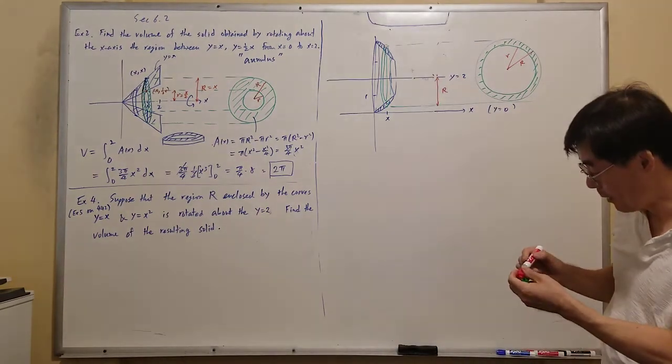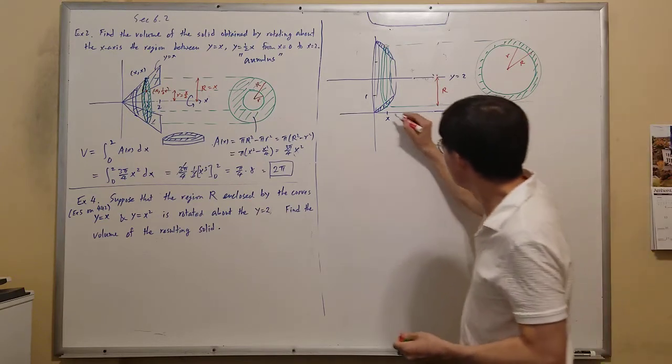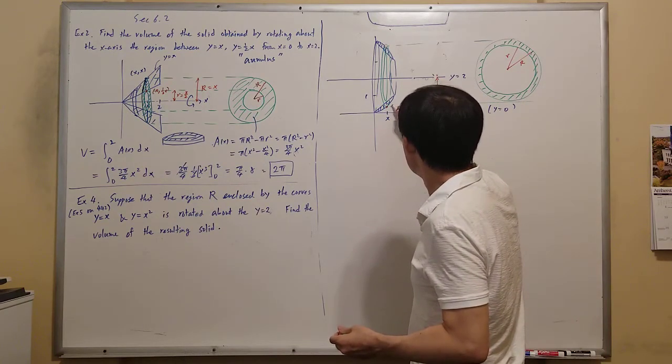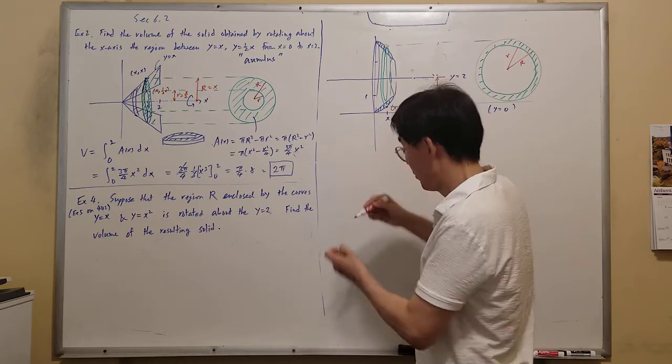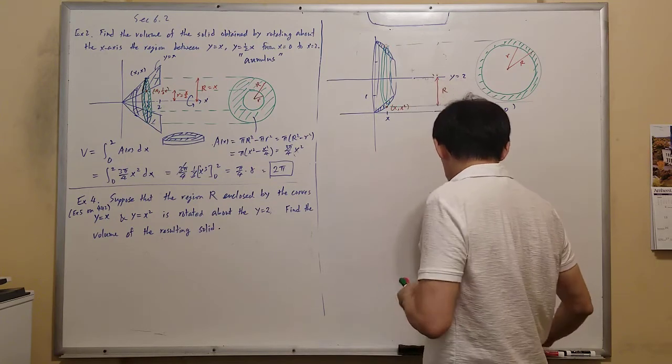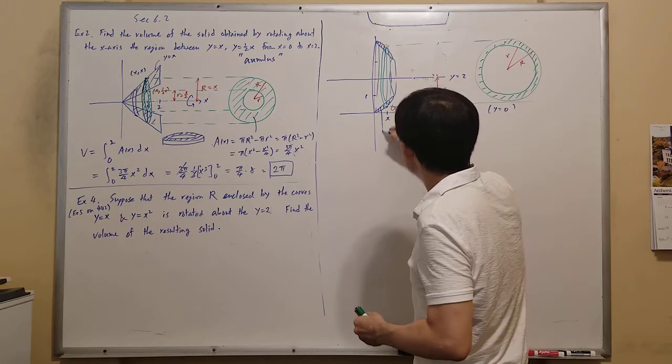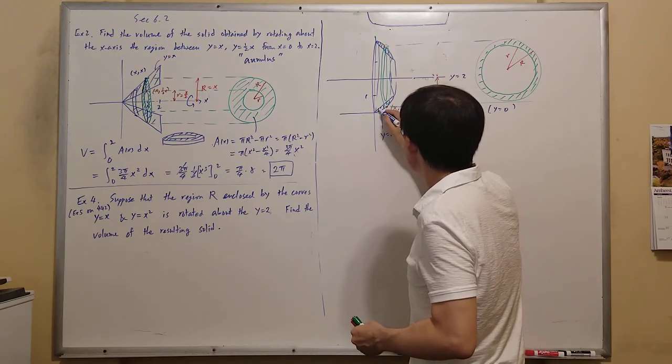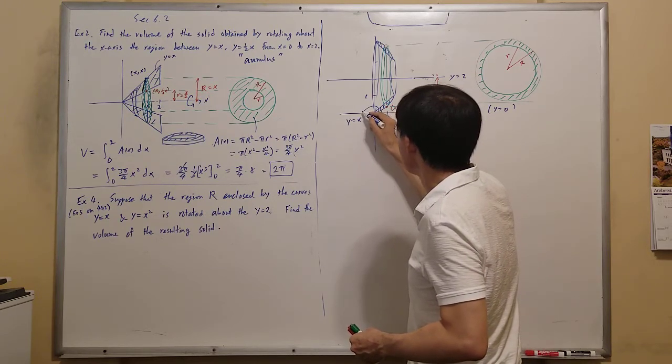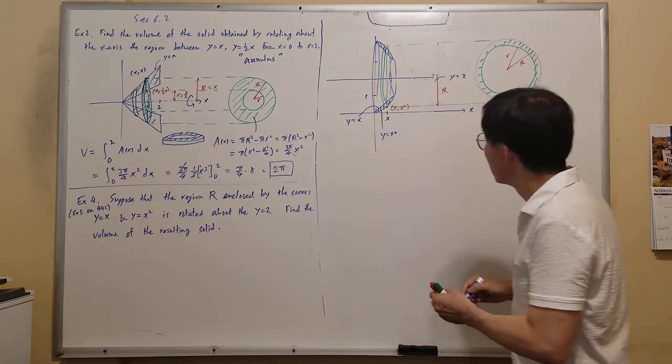Now, for given x, this is x squared, because that graph is y equals x squared, right? This is y equals x squared, and this is y equals x. All right?